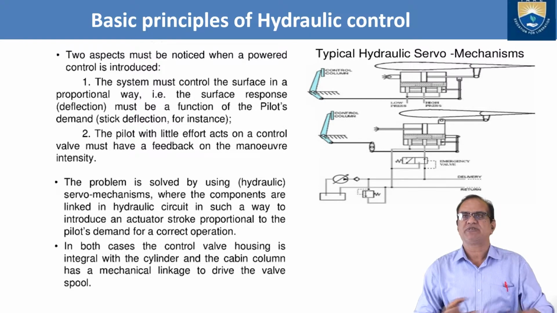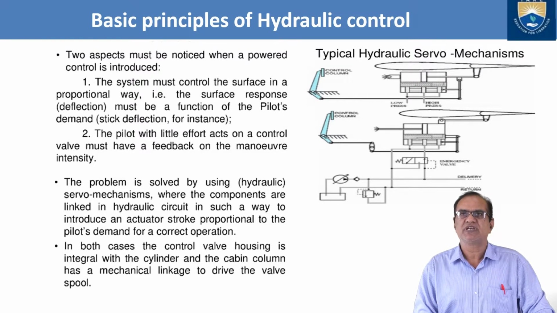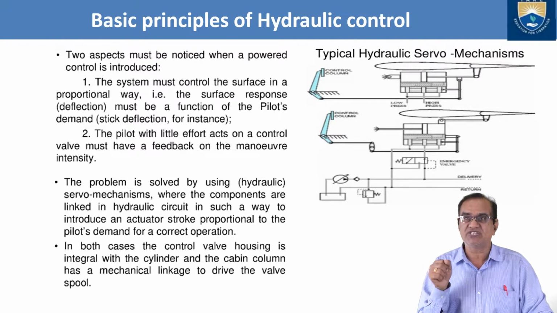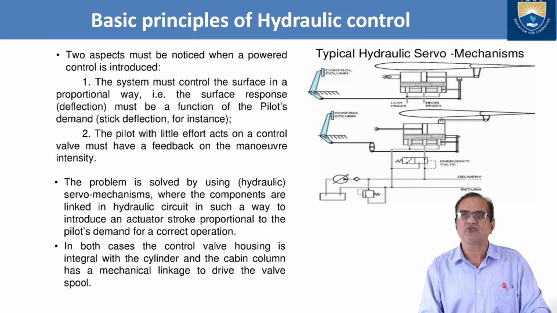Two aspects must be noticed when the powered control is introduced. The system must control the surface in a proportional way. That is, the surface response, the deflection, must be a function of the pilot demand or stick deflection. How much the pilot is deflecting, that much only the control should move.